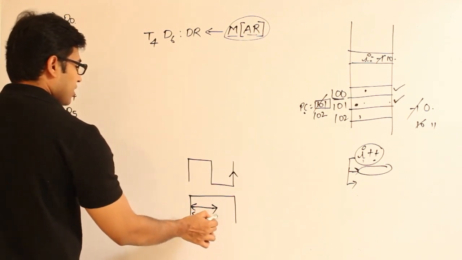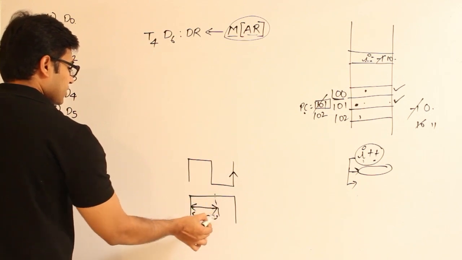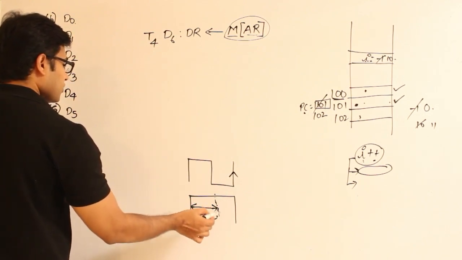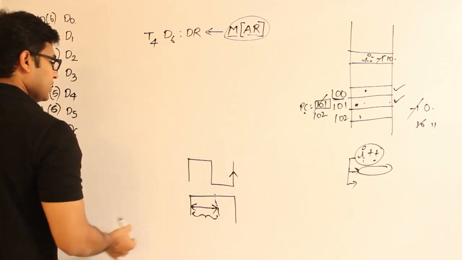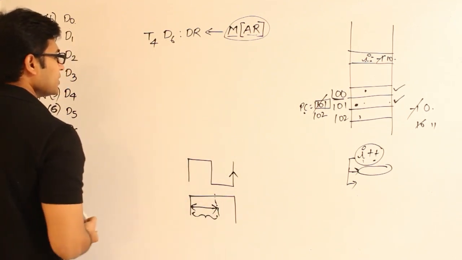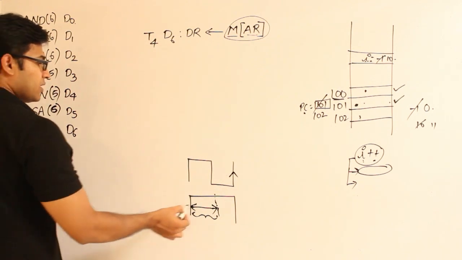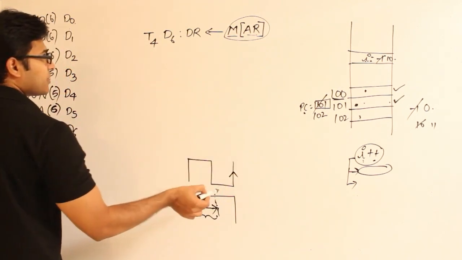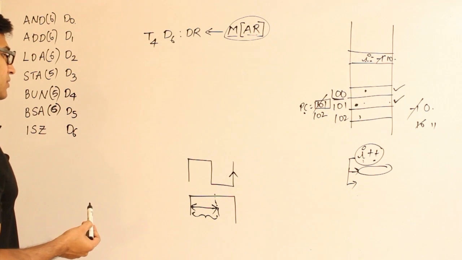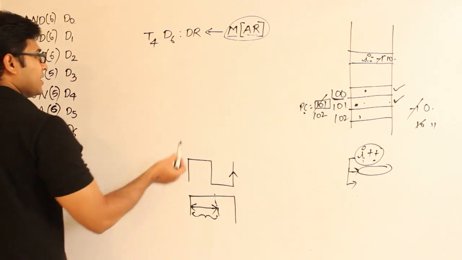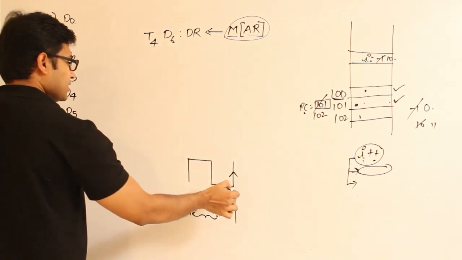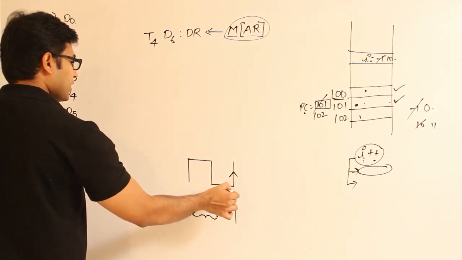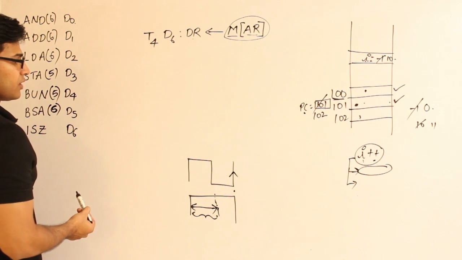Depending on that, assuming this is the time required for the memory to react or read from memory, by this time the required word is present on the bus, right? And whenever it is present on the bus, it is automatically present at the input of all the registers. Therefore, we'll simultaneously enable the load input for DR. So at this point DR will be loaded. Got it?